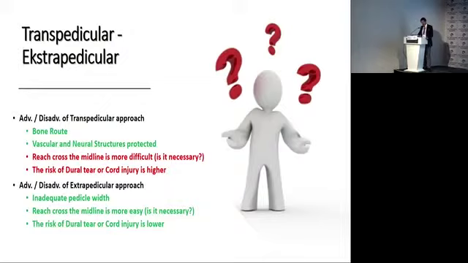But with the transpedicular approach, reaching across the midline is more difficult, and the risk of dural tear or cord injury is higher. In the extrapedicular approach, we can use it in patients with an inadequate pedicle, or we can reach across the midline more easily than with the transpedicular approach.